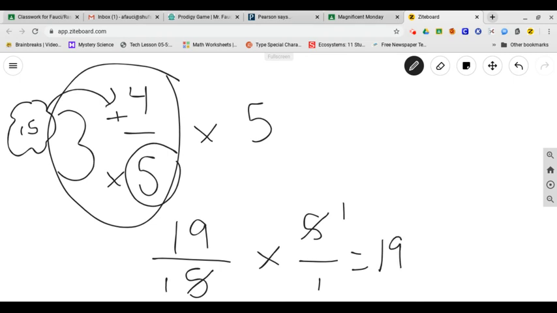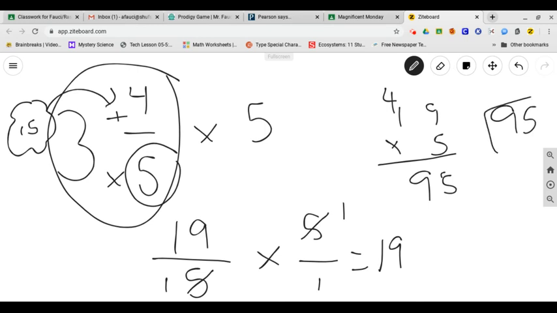All right. So if I didn't cross simplify it, I'd have to do 19 times 5 on the top, which is 95. And then I would have to divide 95 by 5.